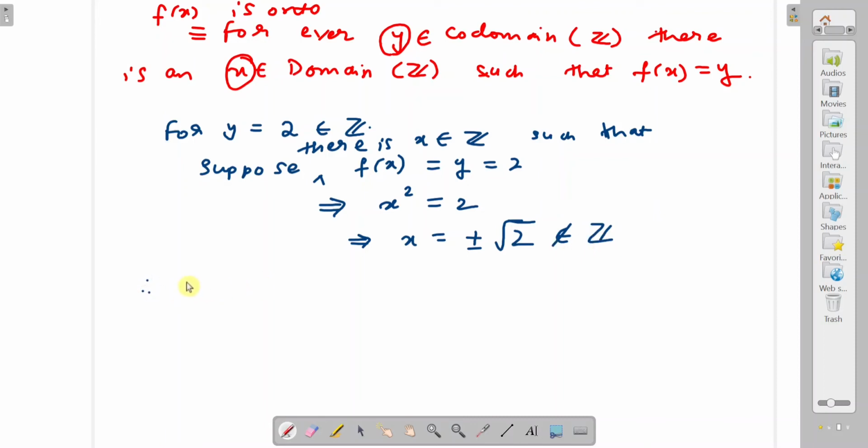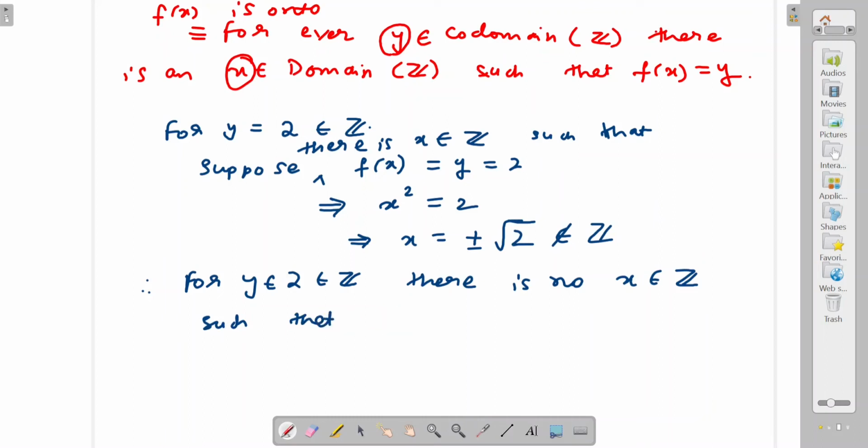So for y equal to 2, which is in the codomain, there is no x which belongs to the domain, which is integer, such that f(x) is equal to y.